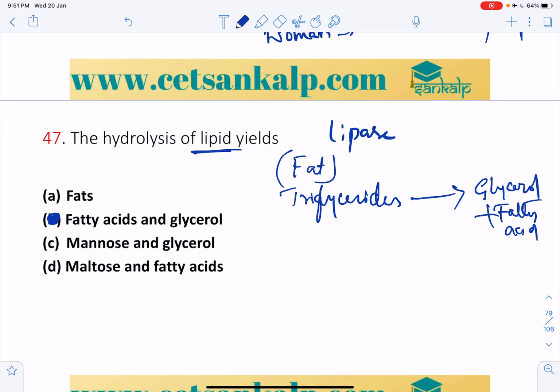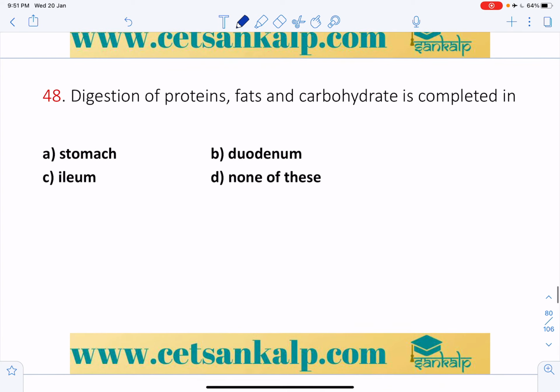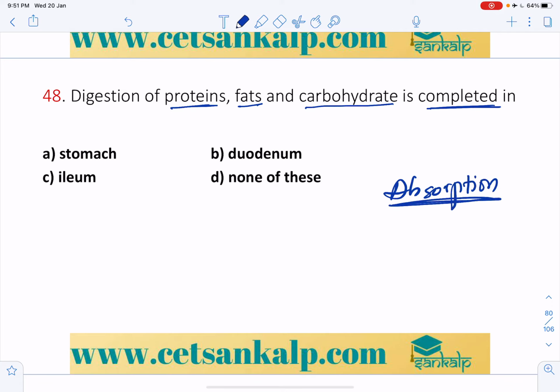Whereas the nucleic acid digestion, let us take that in the next question. Here we mentioned that digestion of protein, fat, and carbohydrate is completed, and absorption completes in the ileum. The major site of absorption is the ileum, the last part of the small intestine.